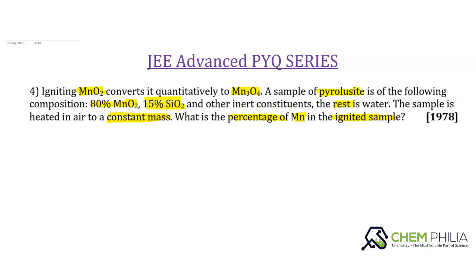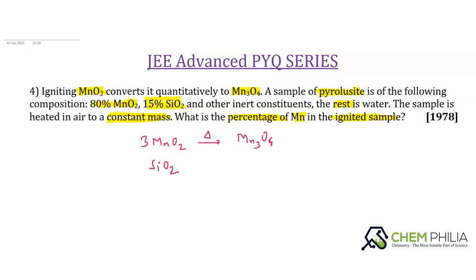How to solve this question? Let us see. First of all, let us see the reactions. 3MnO2 is converted into Mn3O4 upon heating.